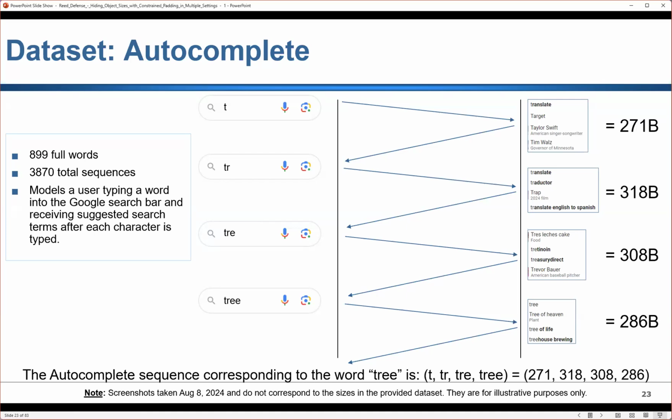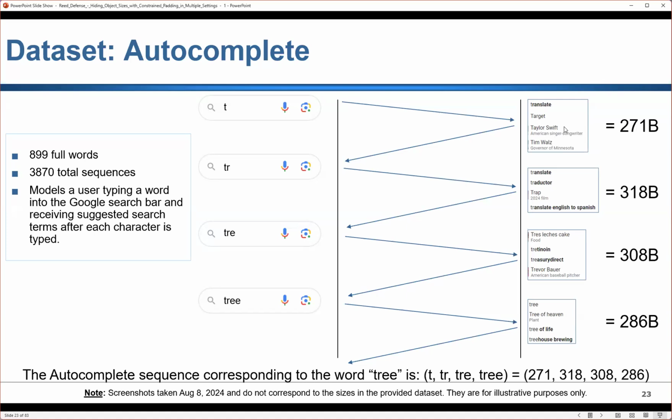So this data set, autocomplete, consists of 899 words, where each one of the entries in the data set represents a client who is at the Google search field typing consecutive letters of each word. And so as you type letters into Google search, you receive these updated search suggestions based on what letters you've typed so far.